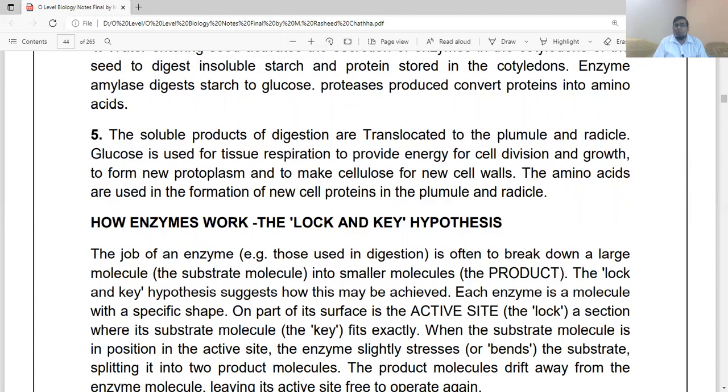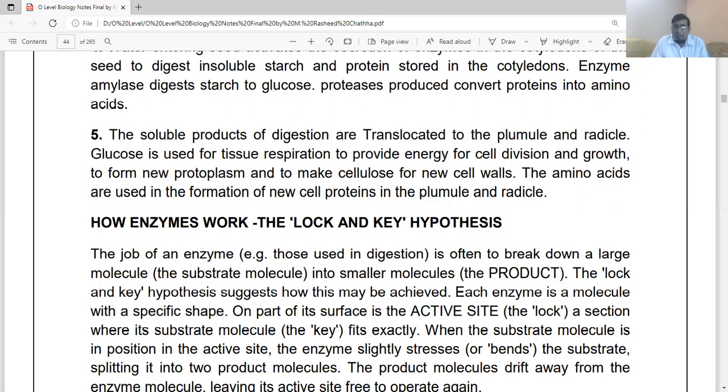Exactly. So, my dear students, in this process the enzyme will always act as the lock and the substrate will act as the key. Over the enzyme there is a special site with which the substrate can be fixed. That is called the active site.